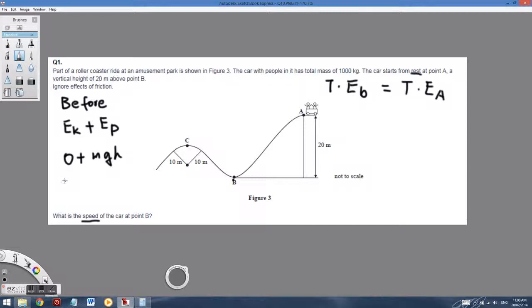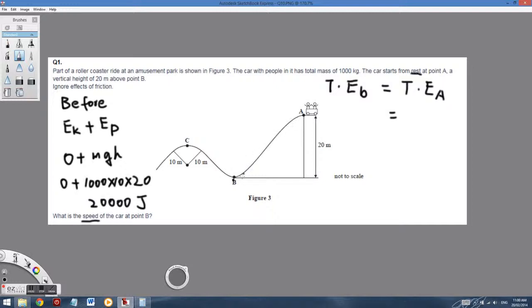Put it in: times 10 times 20. Type it in your calculator. I have 20,000 joules.